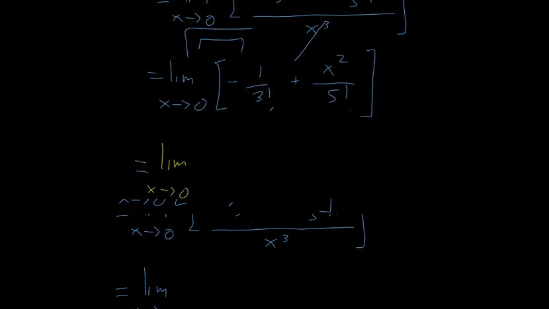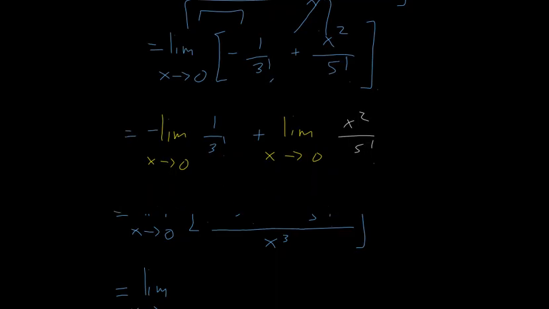So the limit of the blue part here will be negative the limit of 1 over 3 factorial plus the limit as x goes to 0 of x squared all over 5 factorial. All right, so then from here we have negative 1 over 3 factorial.